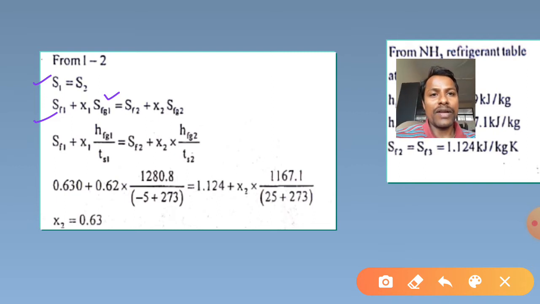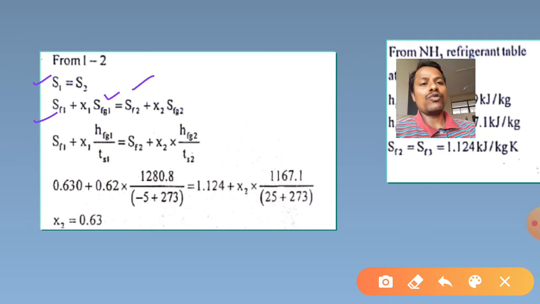For any wet region we can apply this formula, SF plus X SFG. And again state 2 is also wet, as we have assumed, that is SF2 plus X2 SFG2. As we have assumed state 2 is also wet, we have applied the same formula for state 2 also.